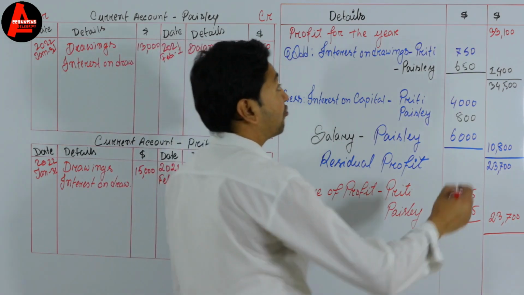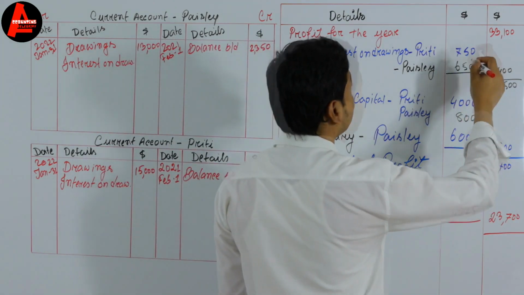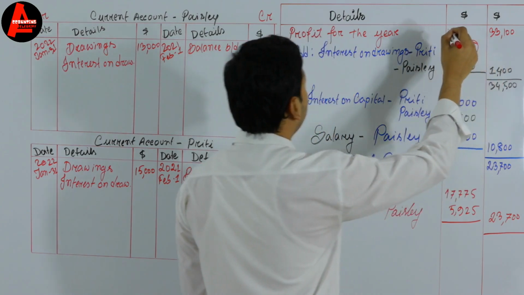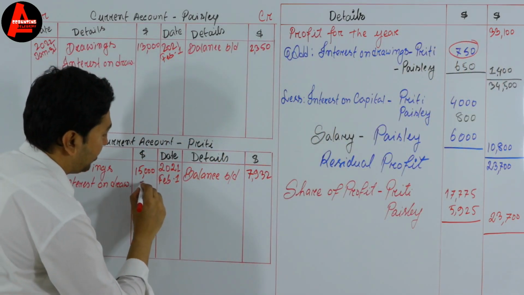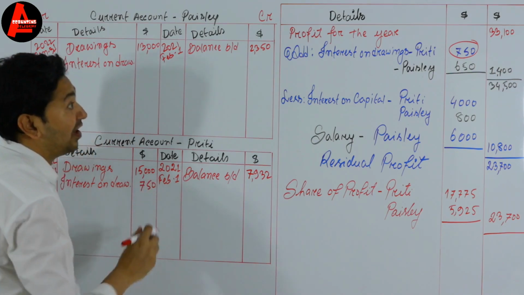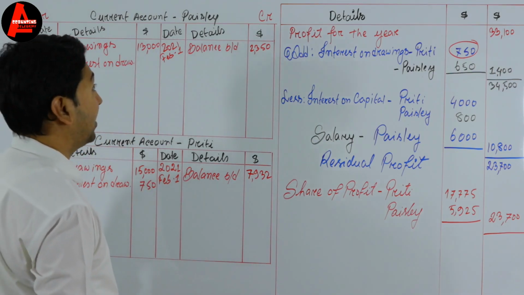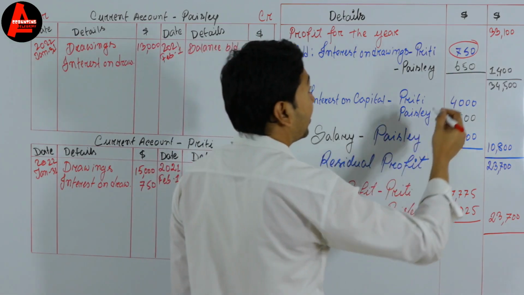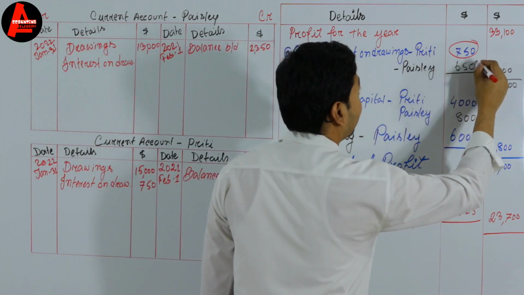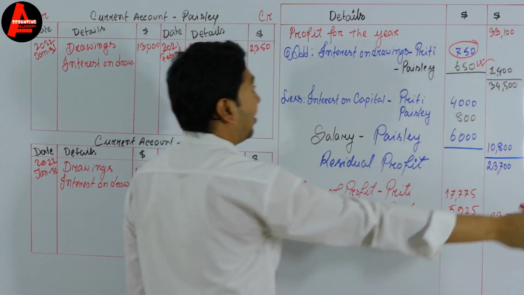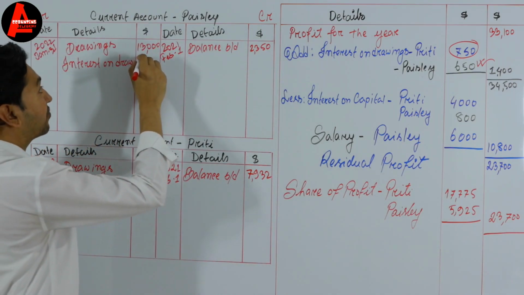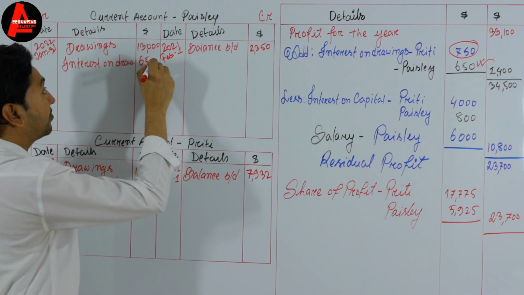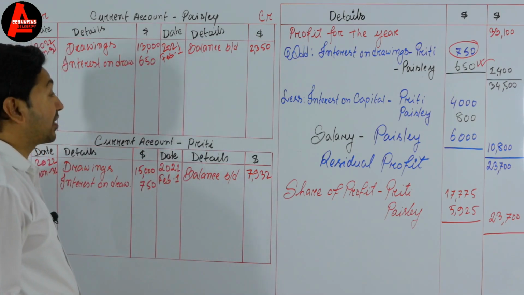For Preeti, interest on drawings is 750, right? So in Preeti's account let us write 750. And for Paisley, interest on drawings is $650, so we will write $650, simple. Nothing complicated.